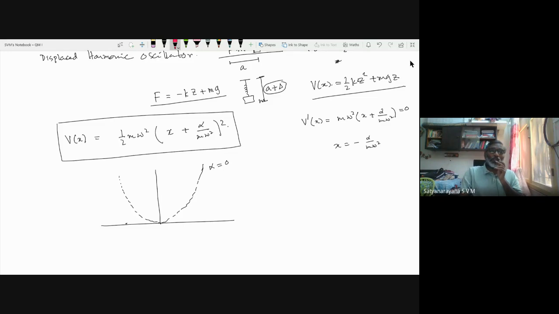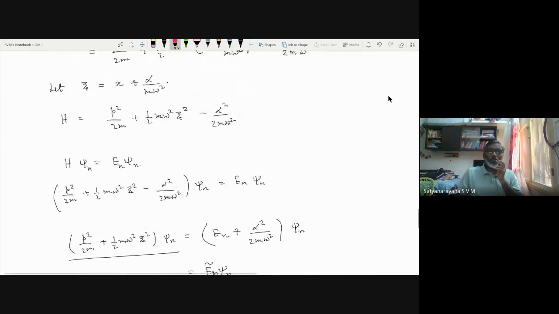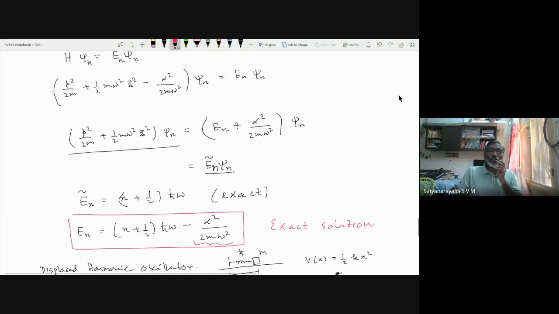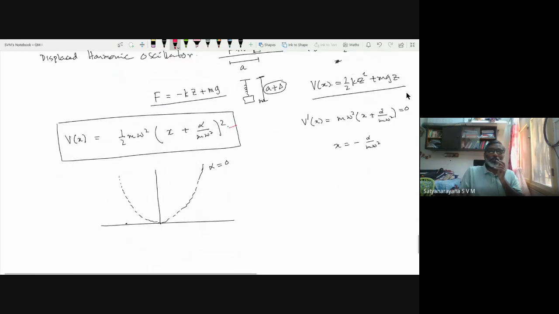Plus there is another term. What is that term? Minus alpha square by 2m omega square. So this entire thing is your v of x, right?